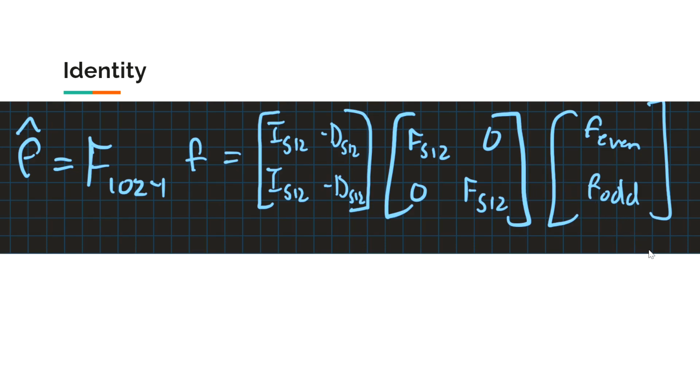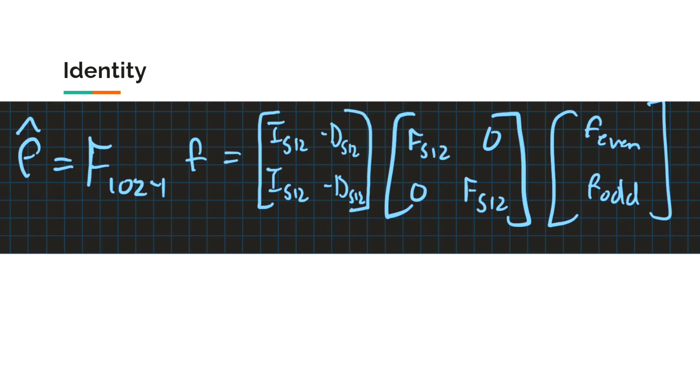So the top one would be f0, 2, 4, and so on, those sampling points, and f odd would be 1, 3, 5, and so on. This limits our number of calculations greatly, as you can see by having those zeros in there. You took a 1024 matrix and split it to the point where half of those values are equal to 0. And obviously anything multiplied by 0 is 0, which simplifies the calculations greatly.